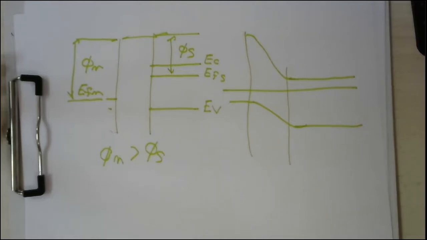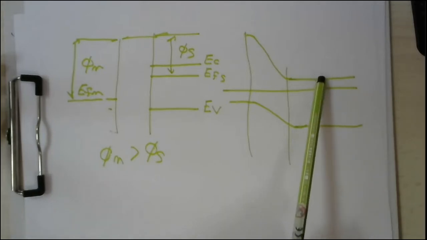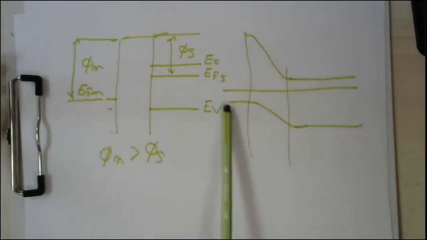Of course, whenever I'm talking about majority carriers, I'm talking about the semiconductor side, because in metals there is no majority or minority. The majority and minority is defined usually on the semiconductor side. So is this junction going to drift carriers, or is it going to block carriers? It's very easy.